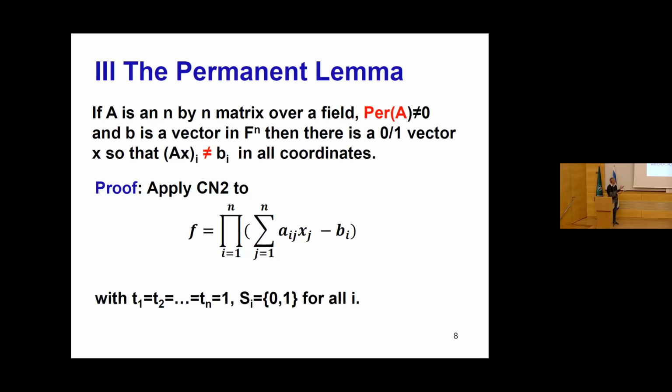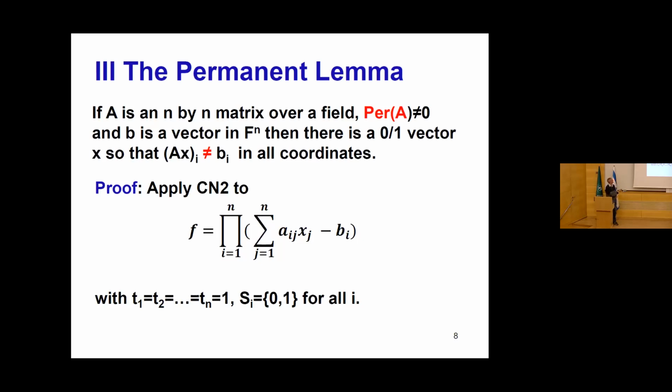And we apply it with all the ti's being 1, with each Si being {0, 1}. And we have to observe that the coefficient here of the product of the xi is the permanent. So this is non-zero by assumption. We could have replaced, and this is the point of the proof, each Si by any set of cardinality 2.